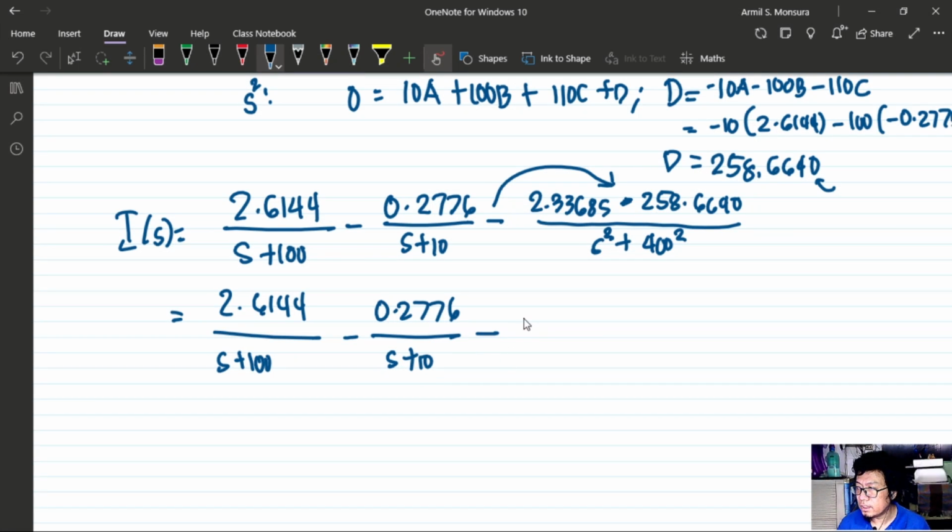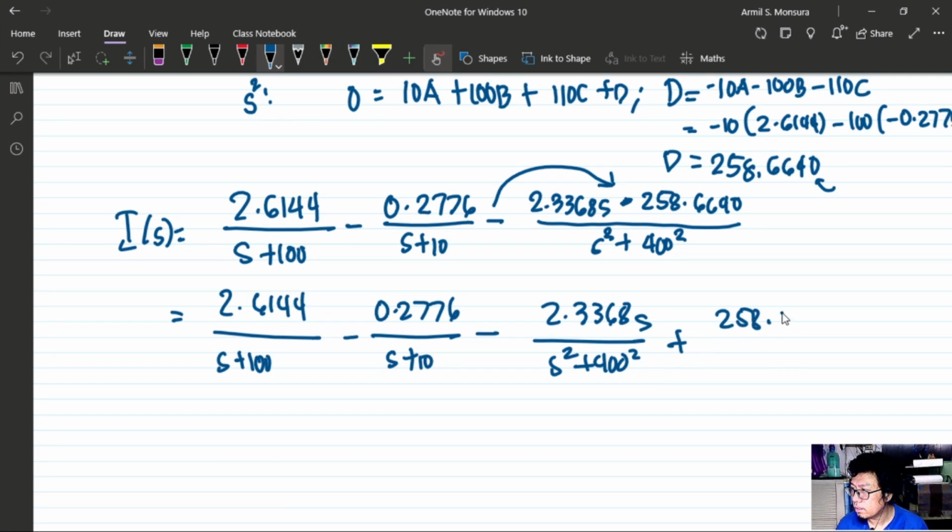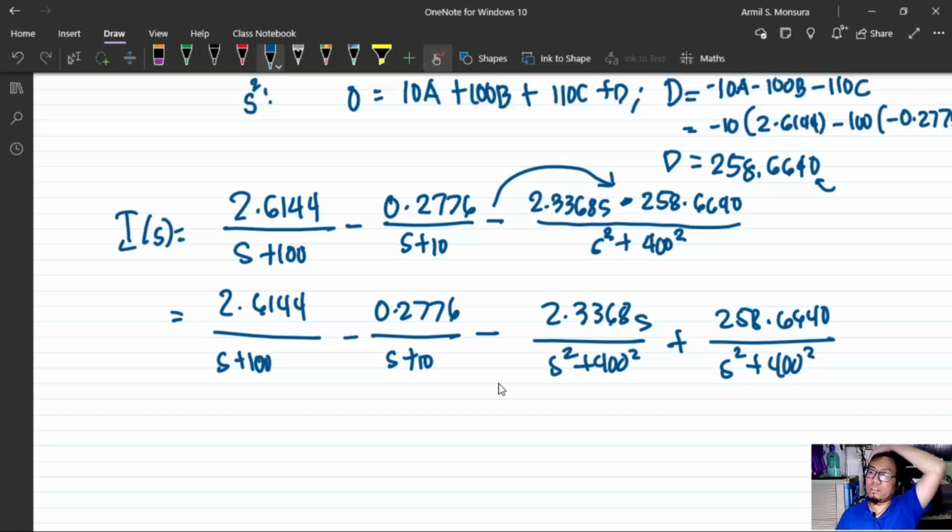And then this is negative 2.3368s over s squared plus 400 squared, and then plus 258.6640 divided by s squared plus 400 squared. So what we can do now is we will now have the inverse transform.